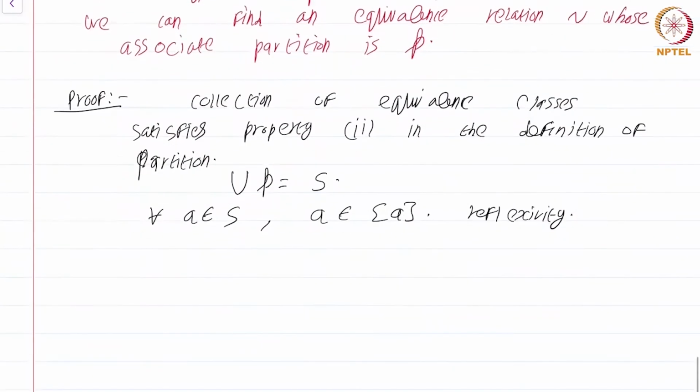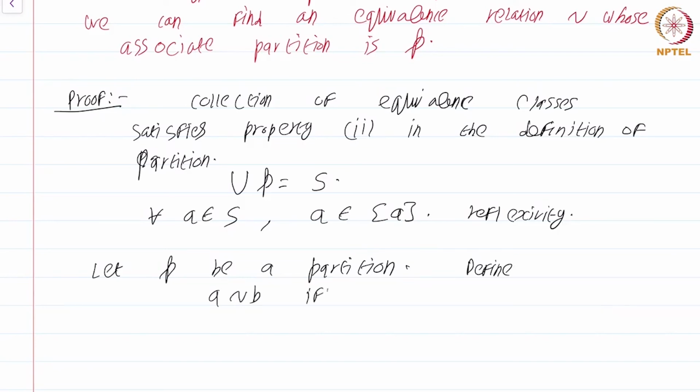Now let's start with the partition P. Let P be a partition. We have to show the converse and construct an equivalence relation such that the partition of equivalence classes of that equivalence relation gives you back the original partition P. Define A related to B if and only if there exists a set 𝒜 in P such that A, B are both elements of 𝒜.